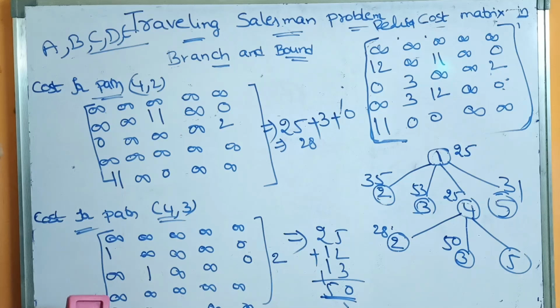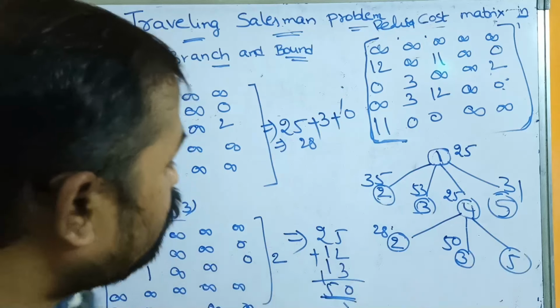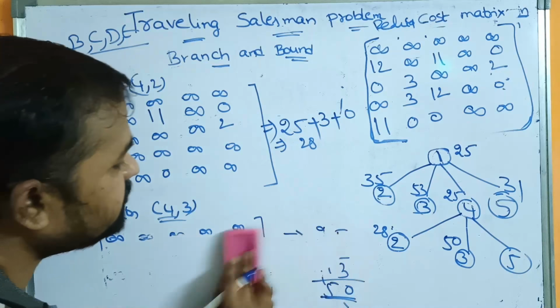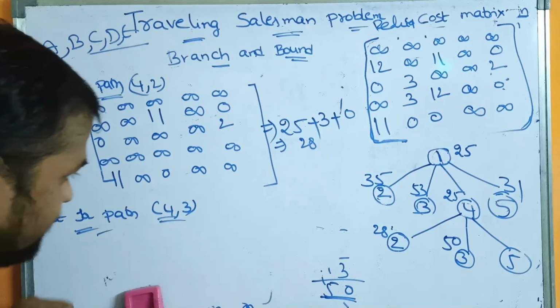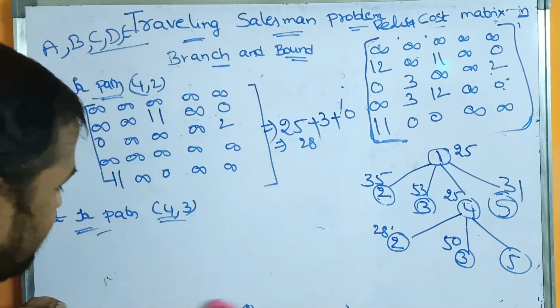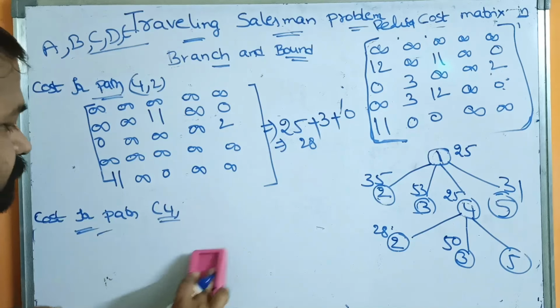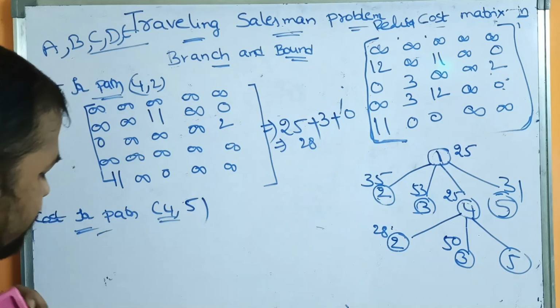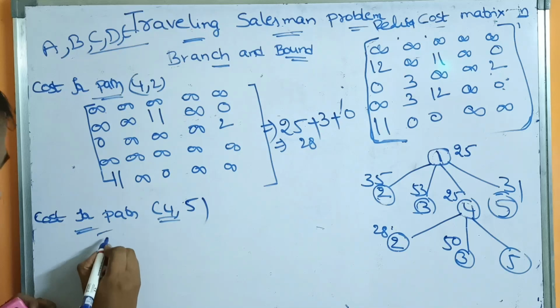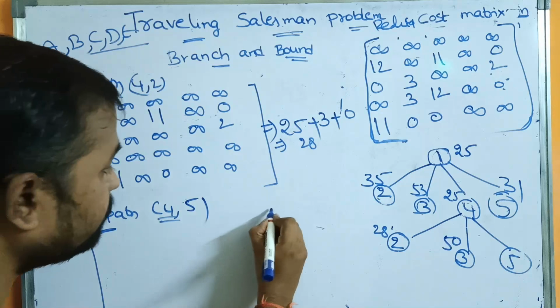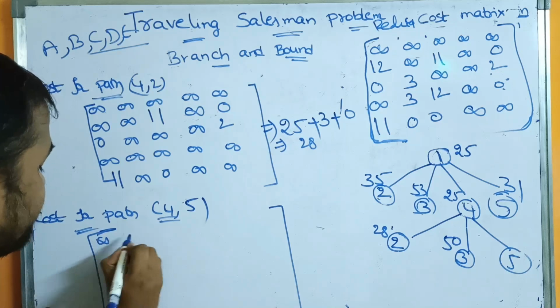Now we have to determine the cost for the path 4 to 5. Let us determine the cost for the path 4 comma 5. Let us note down the first row. First row means all are infinities only.